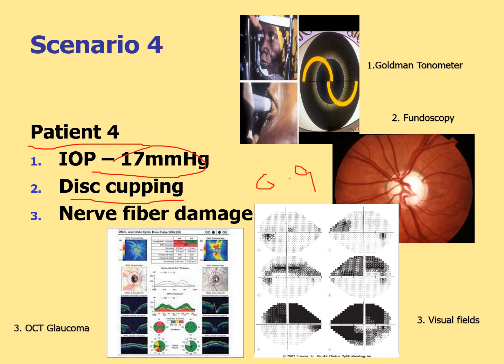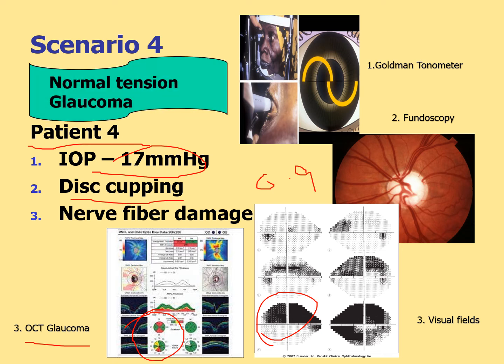So it's a very glaucomatous looking disc, and then there's a field defect on the visual fields, and there is a defect on nerve fiber analysis on the OCT of the optic disc. So this patient, though has got normal intraocular pressure, has got a fully developed cup and the damage on the visual field and OCT. So this patient has got a normal tension glaucoma.